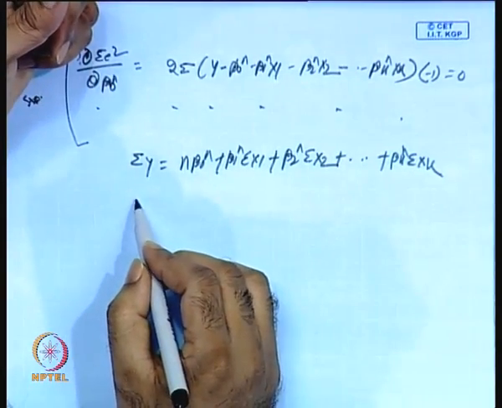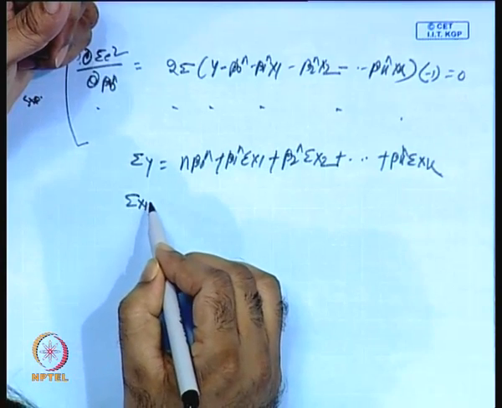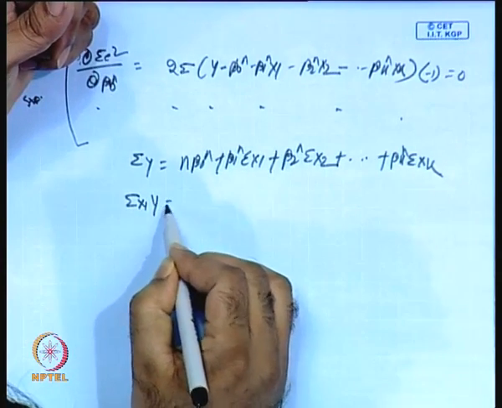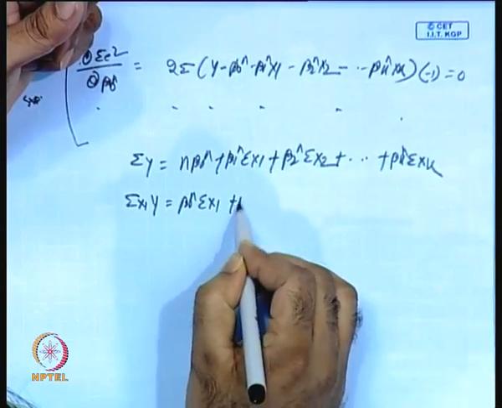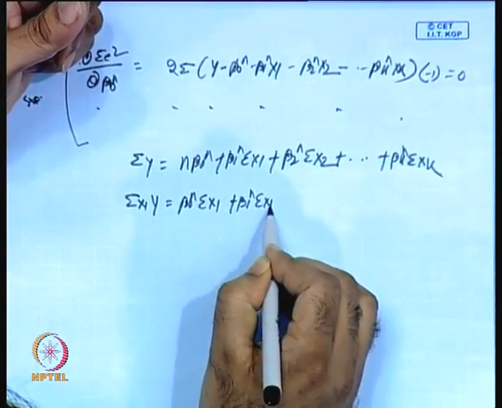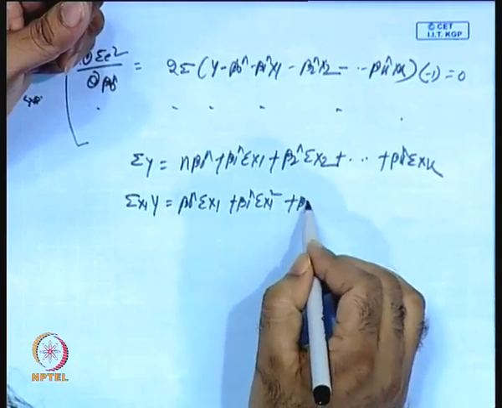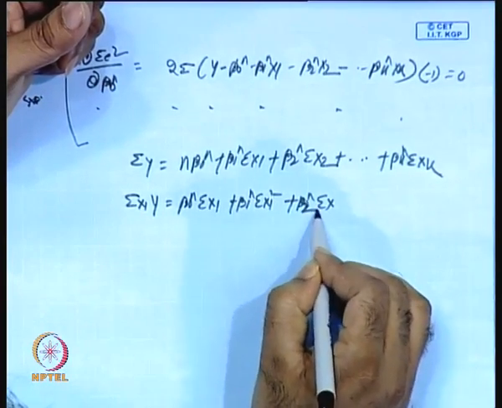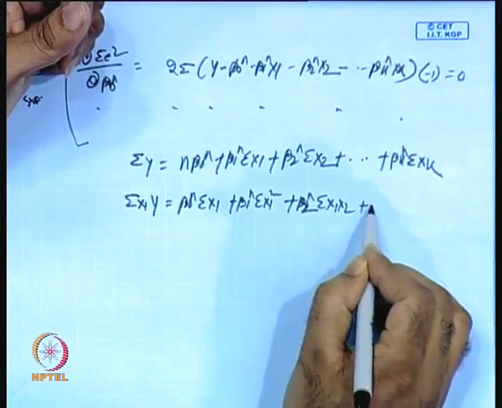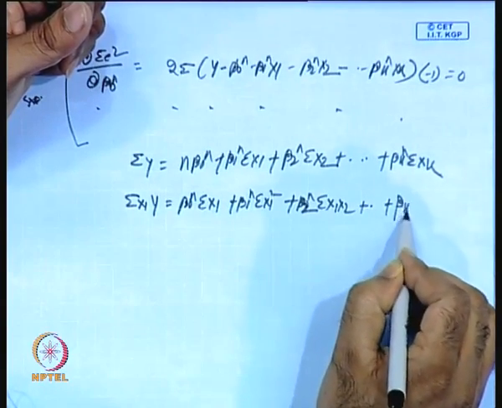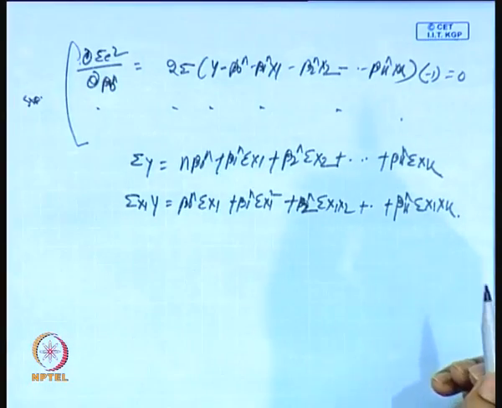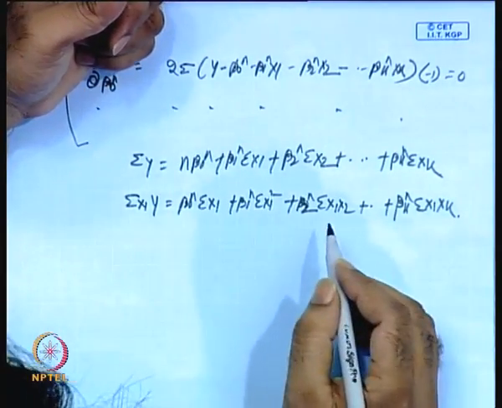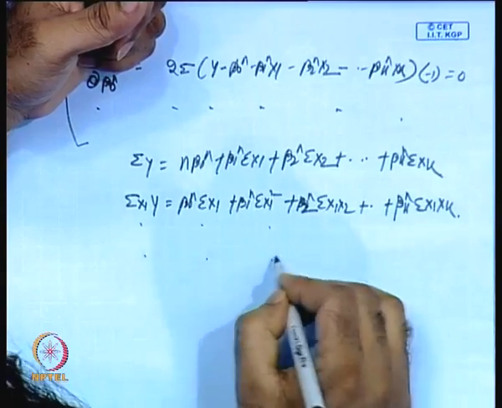So summation x1y is equal to beta 0 head summation x1 plus beta 1 head summation x1 squares plus beta 2 head summation x1 x2 plus beta k head summation x1 xk. It will continue.